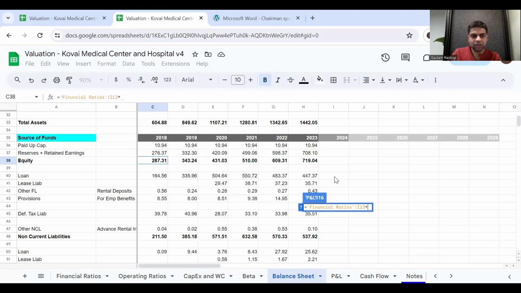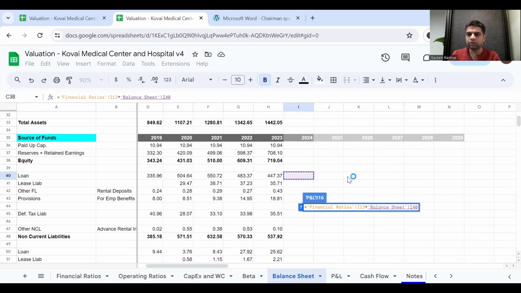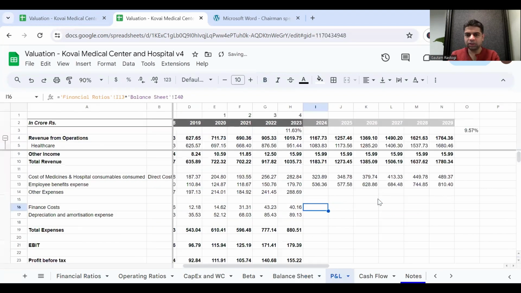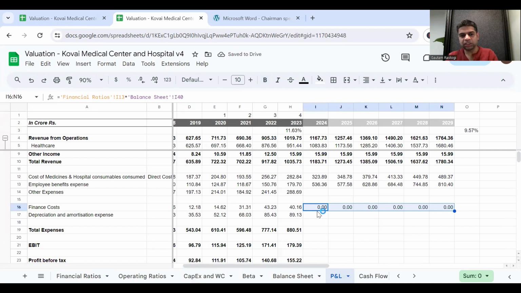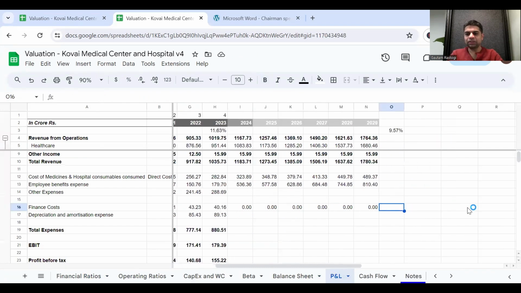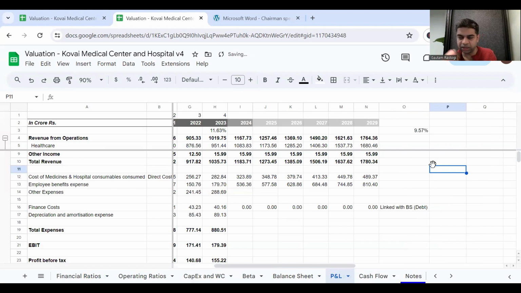Let's just link the cell, and once we put the debt in the model, this should flow through. So what it means is this is linked with balance sheet debt. Just making these notes is helpful, so you understand how the different statements are linked together.